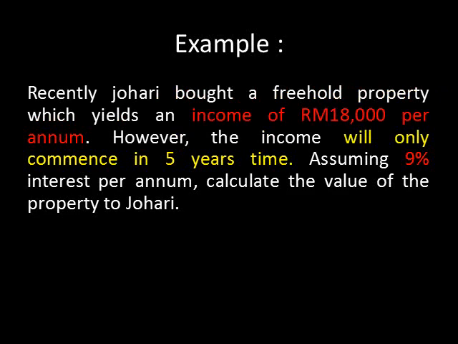Examples. Johari bought a freehold property which yields an income of 18,000 per annum. However, the income will only commence in 5 years' time. Assuming 9% interest per annum, calculate the value of the property to Johari. So here, Johari bought a freehold property, and of course YP reversion to perpetuity is for freehold property.